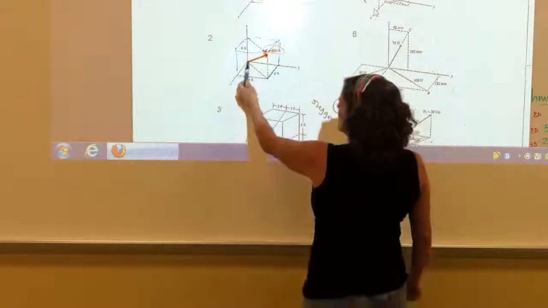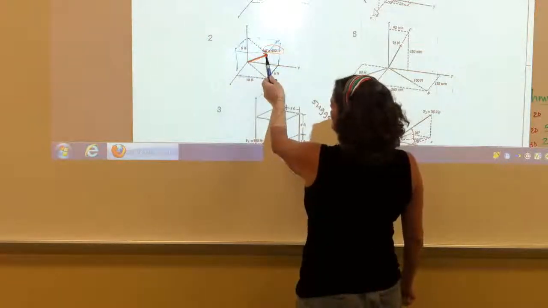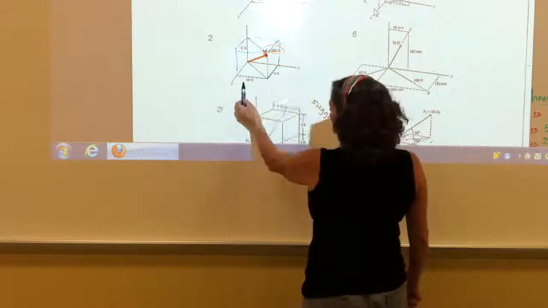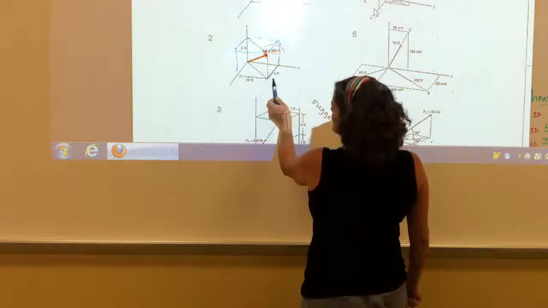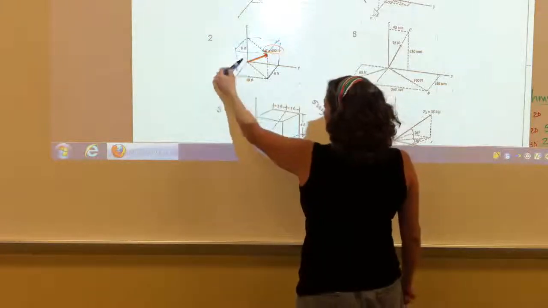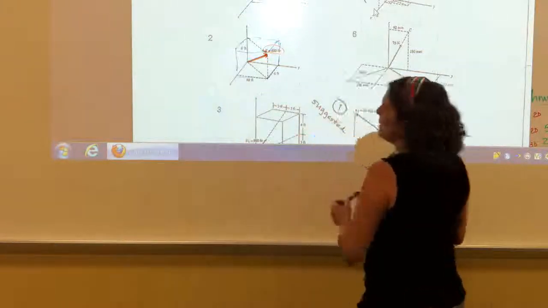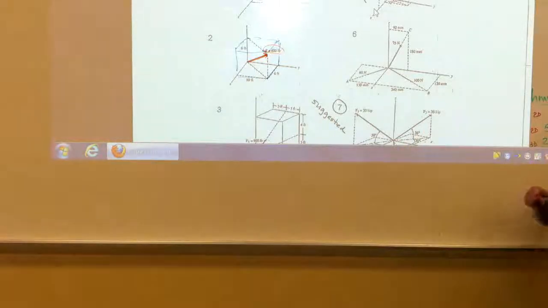So you can see that it's going from the origin to here, and it's going this amount in the positive y, this amount in the positive x, and it's going this amount in the positive z. Okay, so definitely get comfortable with the 3D space problems.